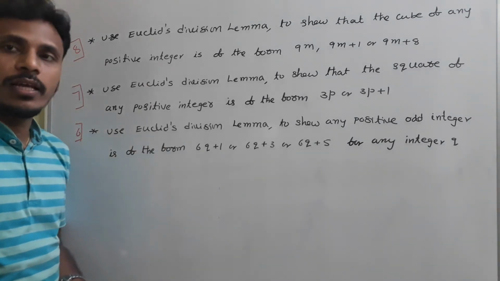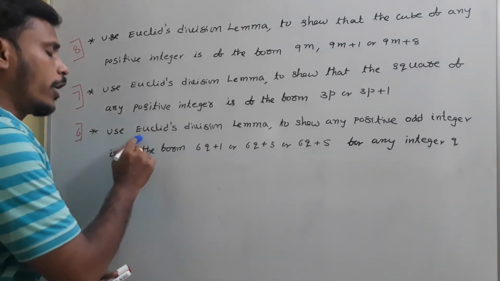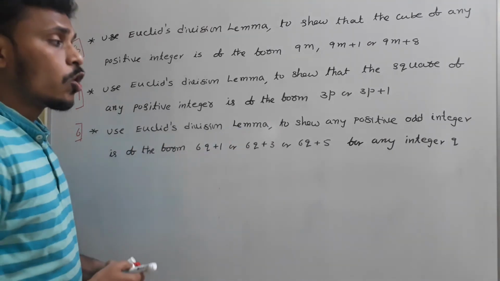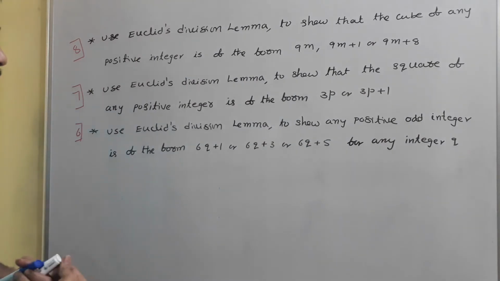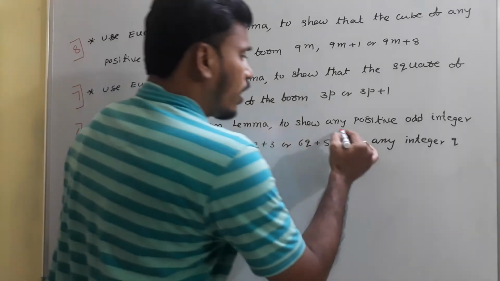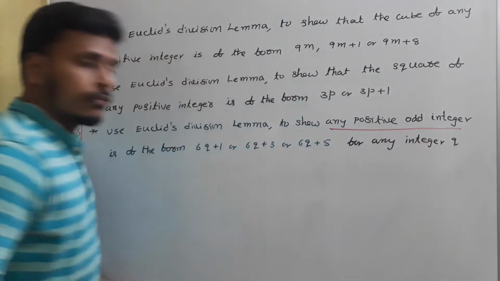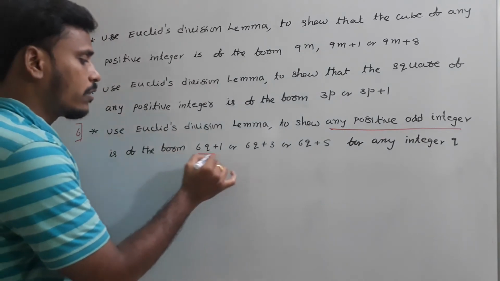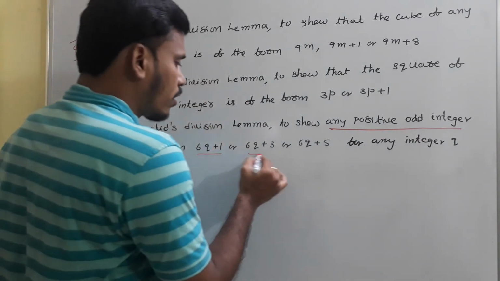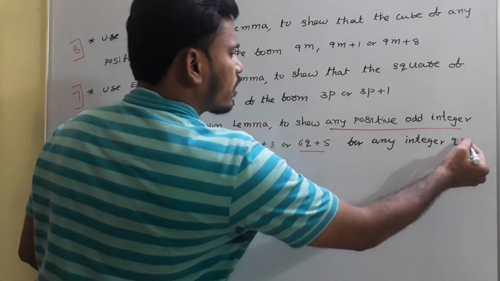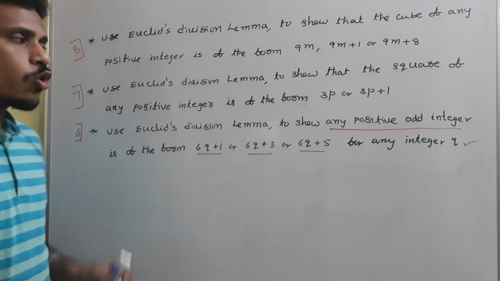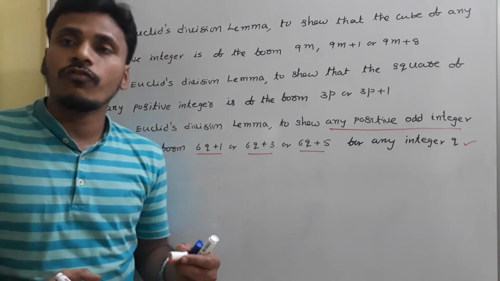Using Euclid's division lemma, we need to show that any positive odd integer is of the form 6q plus 1, or 6q plus 3, or 6q plus 5, for some integer q. So initially we need to start our discussion with what?